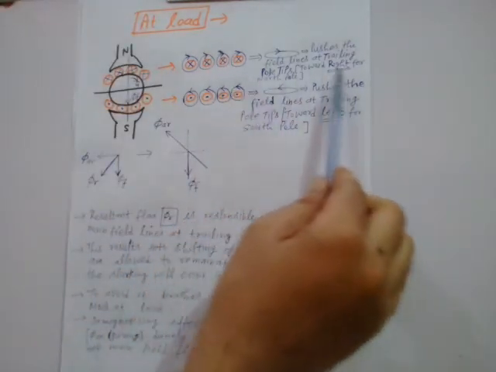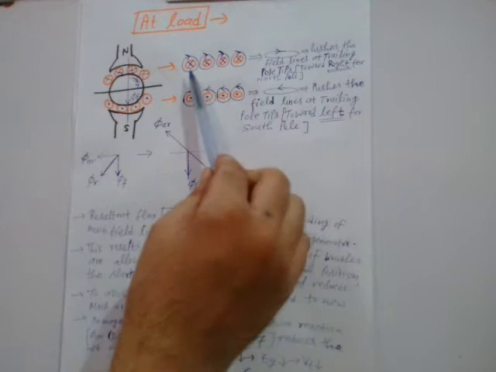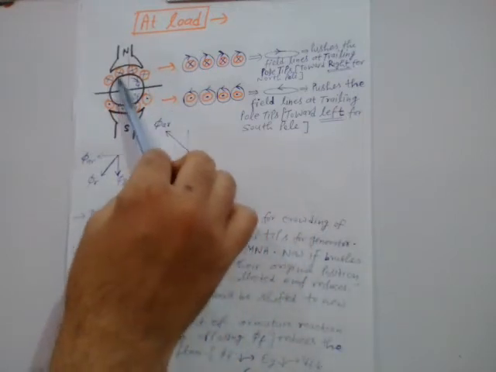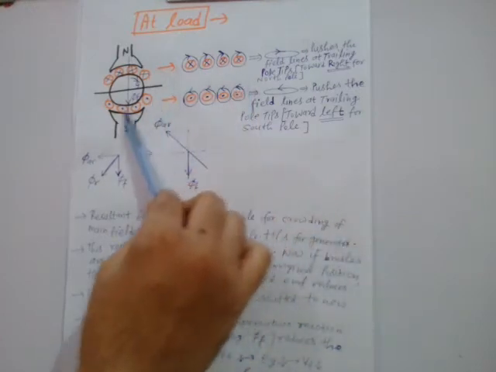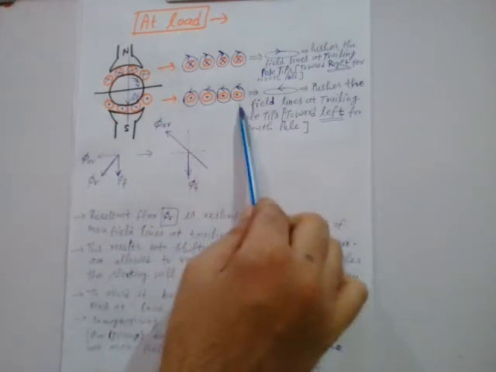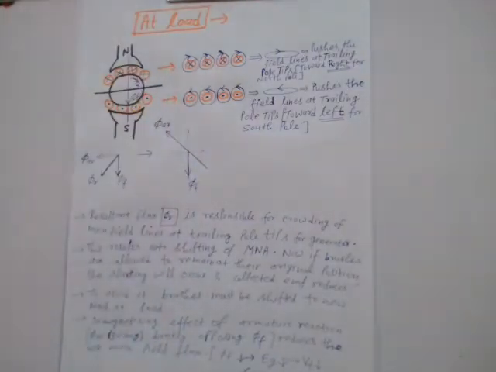So see how the crowding of these field lines takes place. These upper rotor conductors, I have drawn separately, and the lower rotor conductors, I have drawn them separately. So these crosses will have the magnetic flux which is clockwise, right?